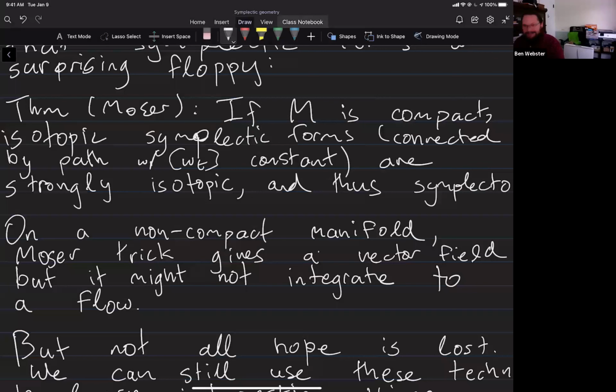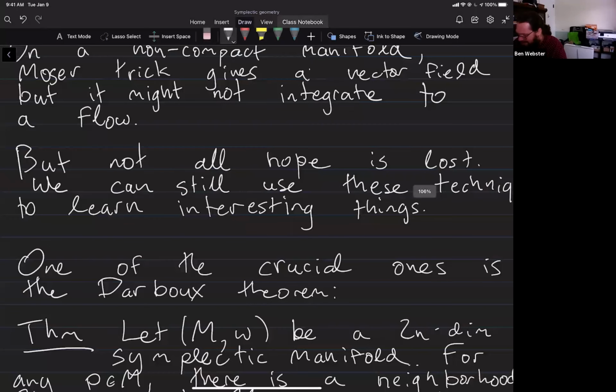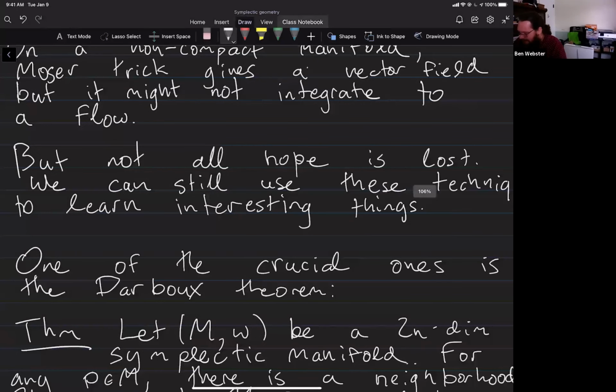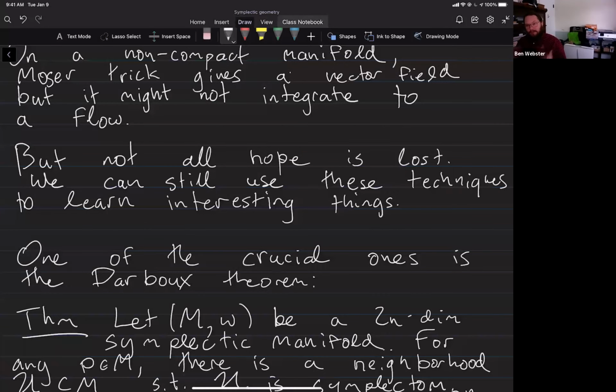It ends up being improper and everything goes wrong. But that doesn't mean that we should just forget about the Moser trick. One of the reasons that this Moser theorem is covered early in the book is that there are several interesting theorems you can prove with this Moser trick at the heart of them, but using slightly different technical setups.